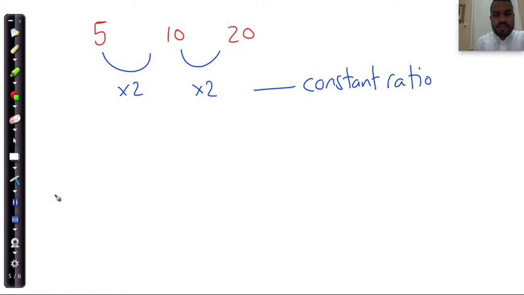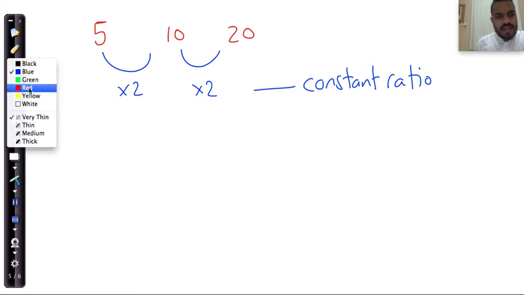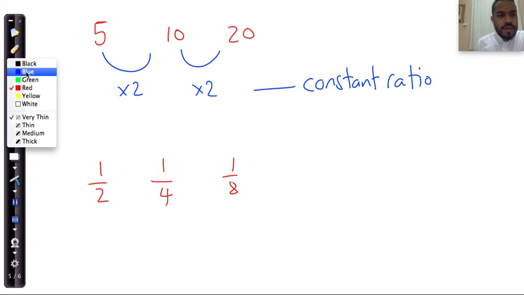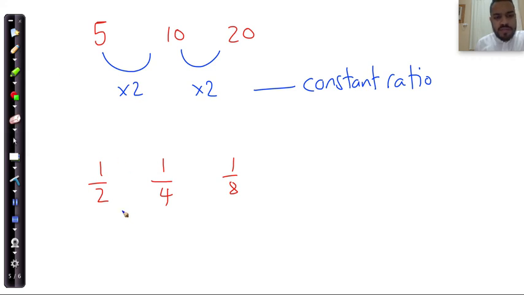So that's very good. Let's try something else. Let's take a half, a quarter, and 1/8. Oh my word, what's happening now? Well, it's quite simple. To get from a half to a quarter, you just multiply by a half. And to get from a quarter to 1/8, you again just multiply by a half.